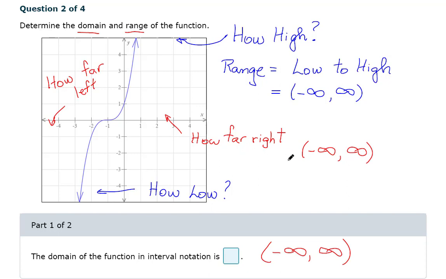And so the domain is -infinity to infinity. Again, domain is the input axis, which is x, how far left, how far right. The range is on the y-axis in terms of how low and how high.